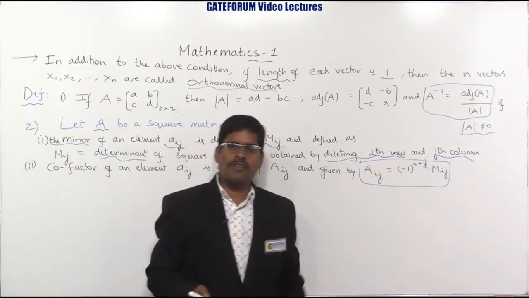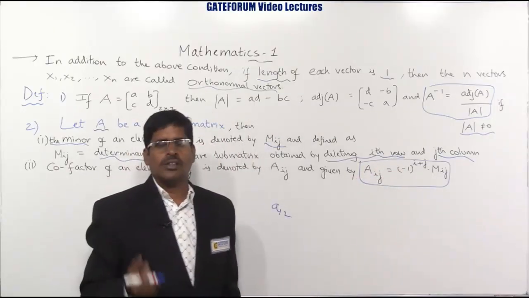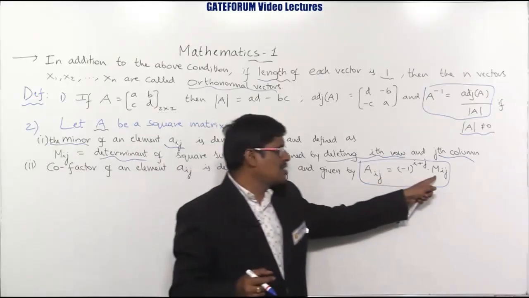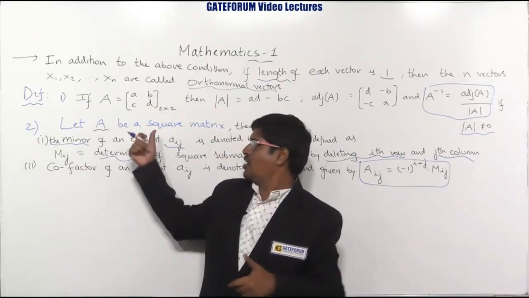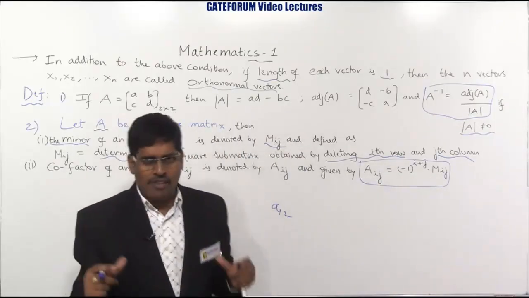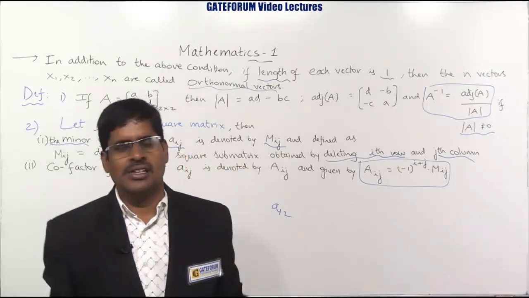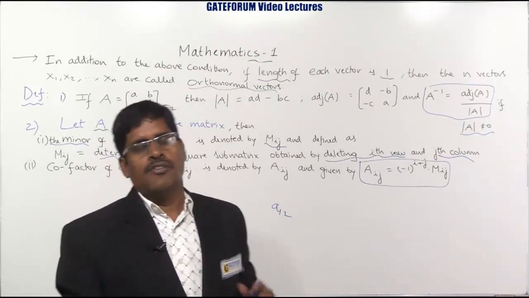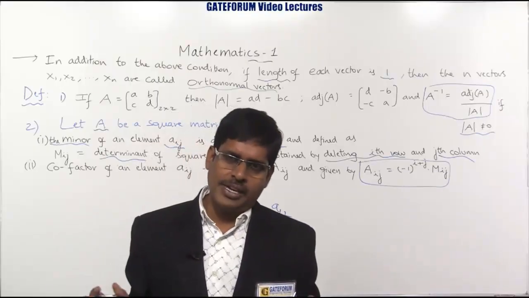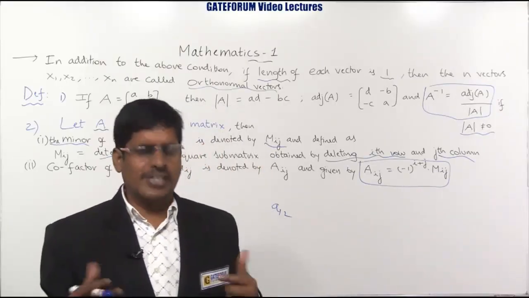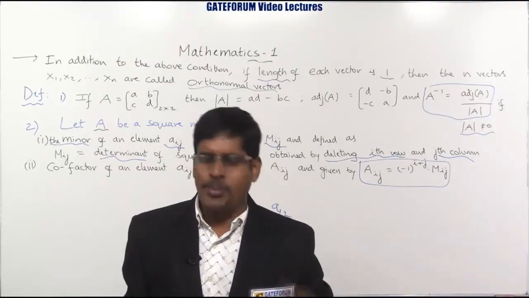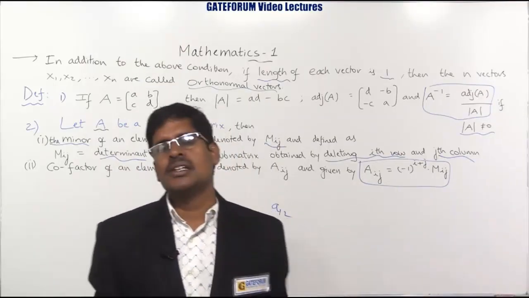What is minus 1 whole power 1 plus 2? Minus 1, so the proper sign is minus. That minus into the minor. So the minor of an element multiplied by the proper sign is called the cofactor of that element. For some elements, the minor and cofactor are the same number but differ by sign.